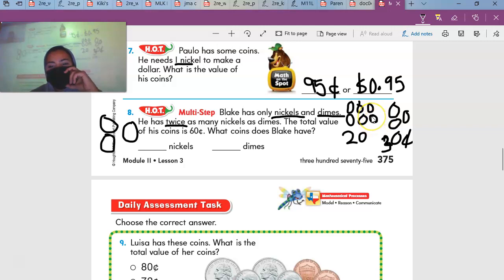If I have 6 nickels, that's 5, 10, 15, 20, 25, 30. And 30 plus 30 is 60. Good job, Leah.